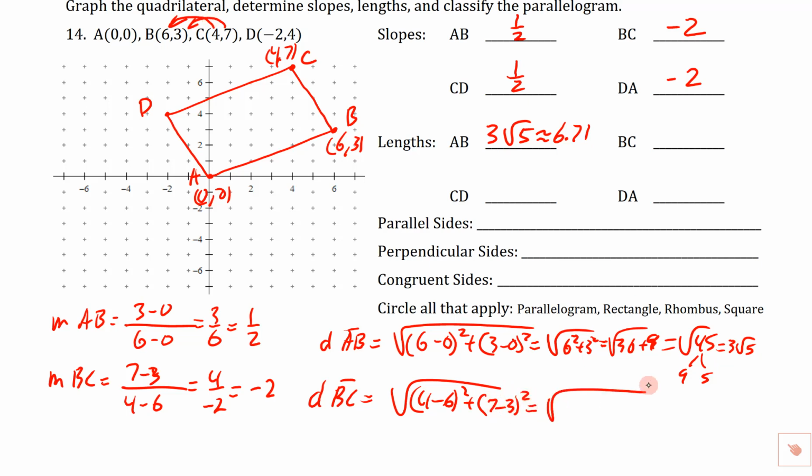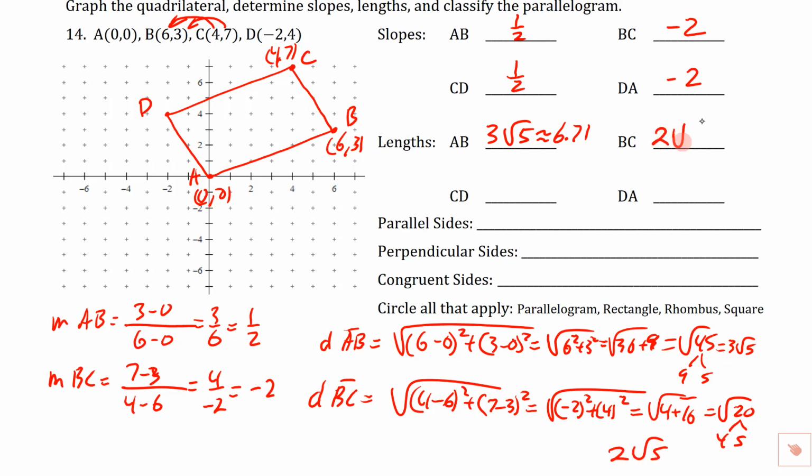So this is going to give me, let's see what we get here. We get a negative 2, better have those parentheses on there, and then plus 4 quantity squared. So negative 2 squared would be positive 4. And then 4 squared is 16. So we get radical 20. And that is 4 times 5, so we get 2 radical 5.